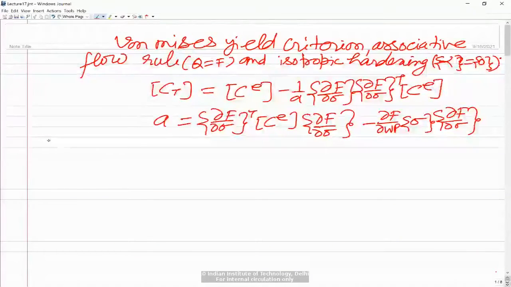We already know that for the von Mises yield criterion we have F, and for isotropic hardening this F is a function of only stress and the plastic work of stresses.